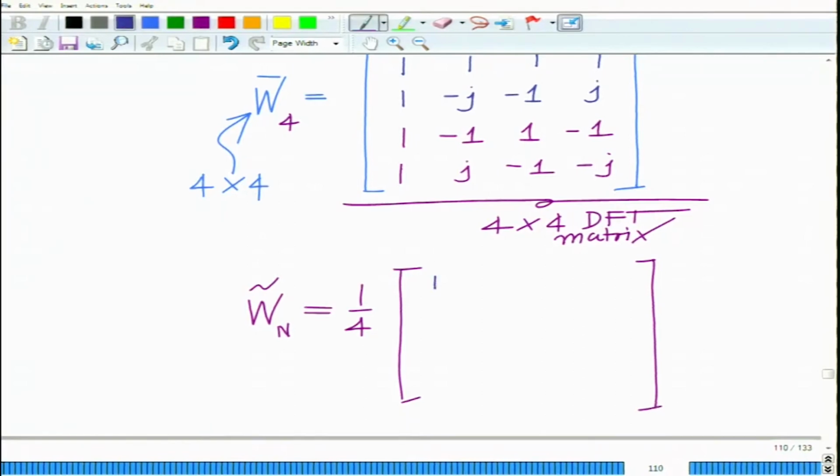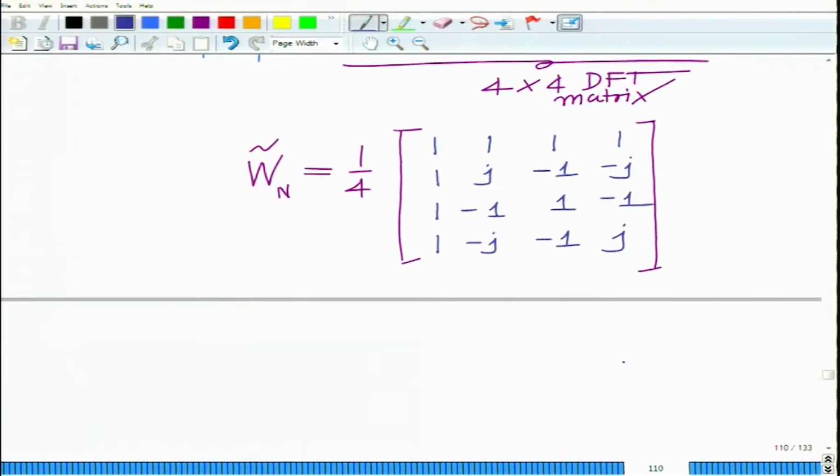So that will be 1, 1, 1, 1, second row take the conjugate of each element, minus j conjugate is j, minus 1 conjugate is minus 1, j conjugate is minus j, third row will be 1, minus 1 conjugate is minus 1, 1 conjugate is 1, minus 1 conjugate is minus 1, last row will be 1, j conjugate will be minus j, minus 1 conjugate is minus 1, and minus j conjugate is j. And this will be your 4 cross 4 IDFT matrix.